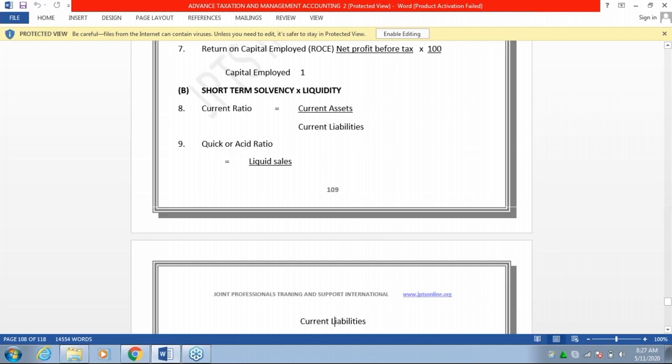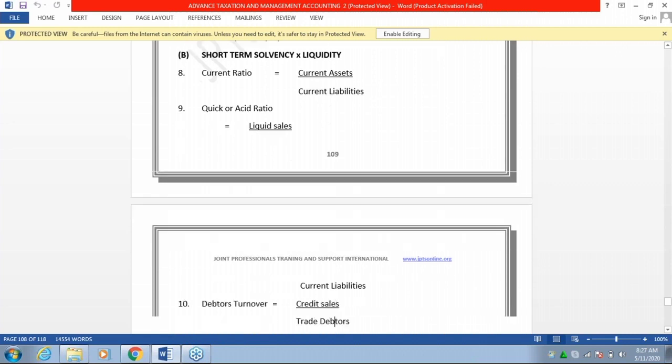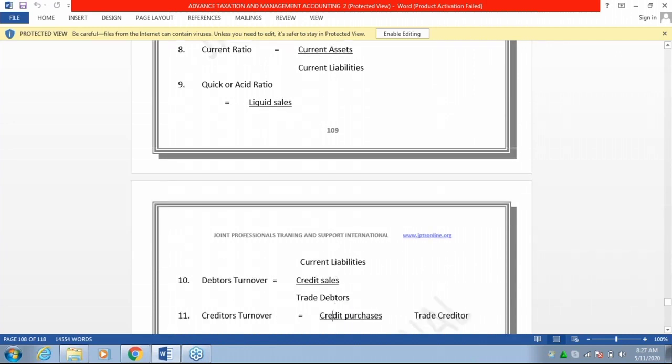When we are talking of the current ratio, it is calculated by current assets all over current liabilities, and all this can be deduced from the balance sheet. Then we have the quick or acid ratio. That is liquid assets all over current liabilities.